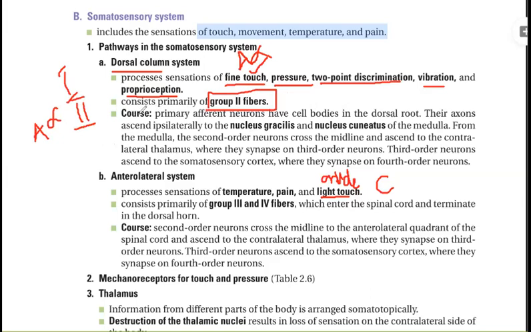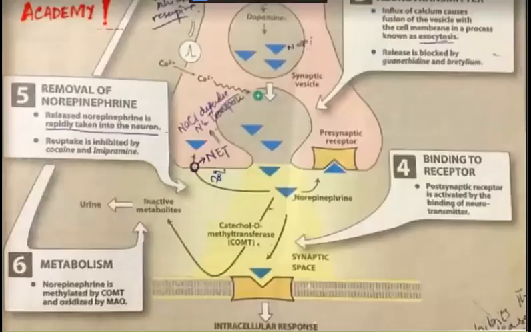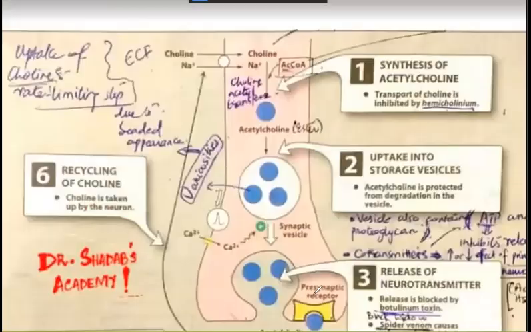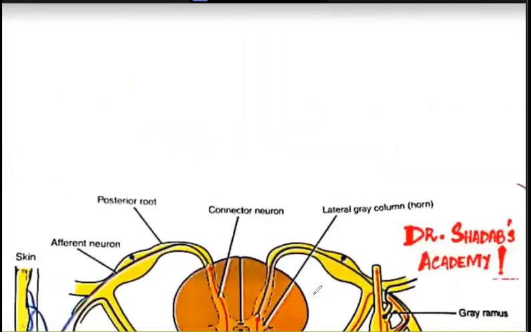Now the primary afferent neurons, this is important, and I have taught you, so we'll go back to our first day too. Primary afferent neurons have cell bodies in the dorsal root ganglion. You remember that picture which I showed you from your neurophysiology notes, this picture.